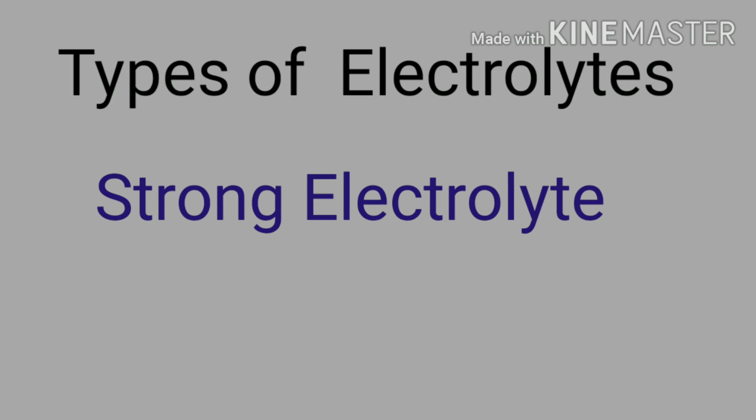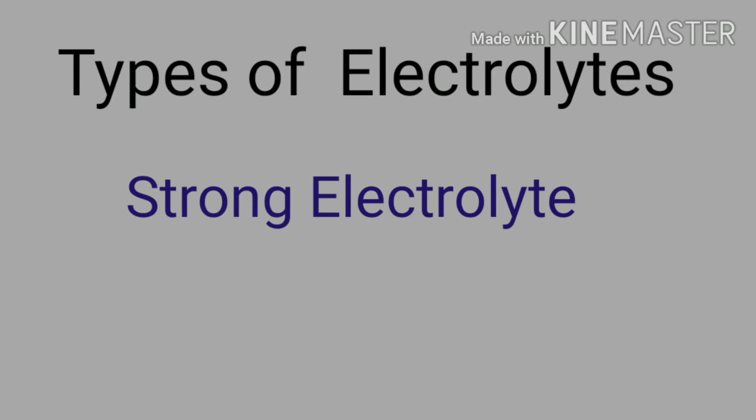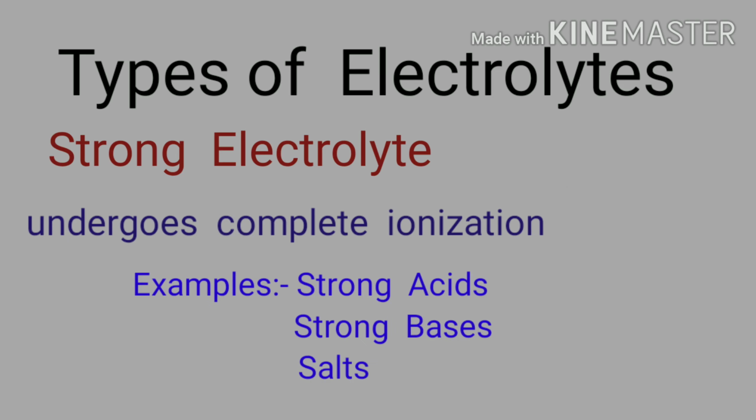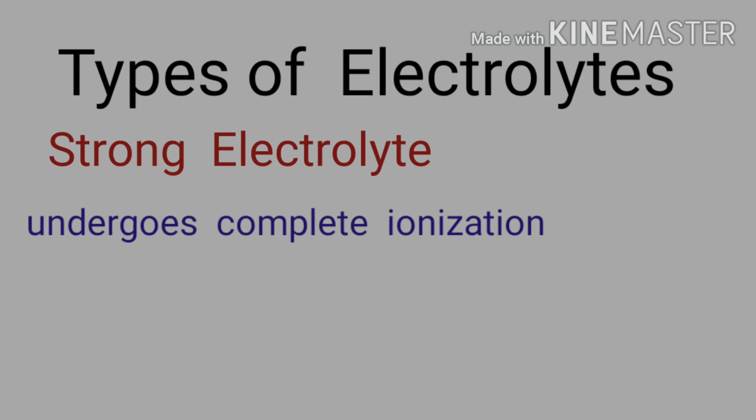Now there are two types of electrolytes, strong electrolytes and weak electrolytes. Let us study in detail what these two types are. Strong electrolytes are those which undergo ionization completely, and examples are strong acids, strong bases and salts.